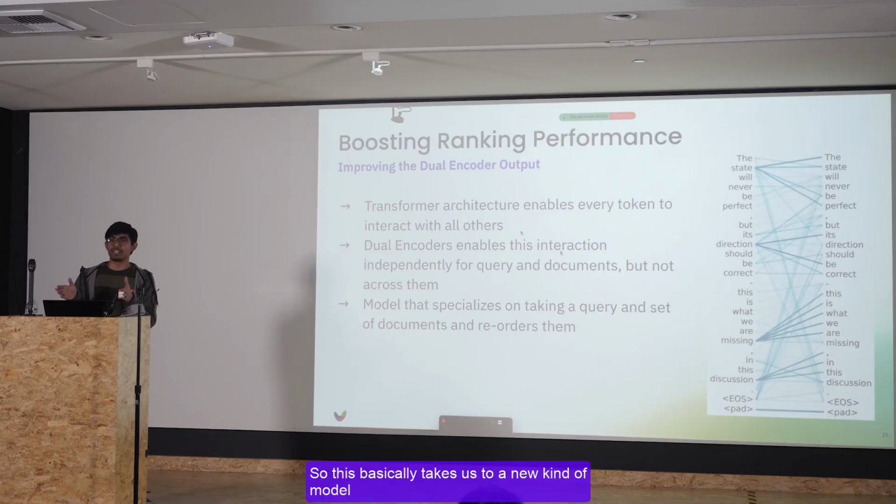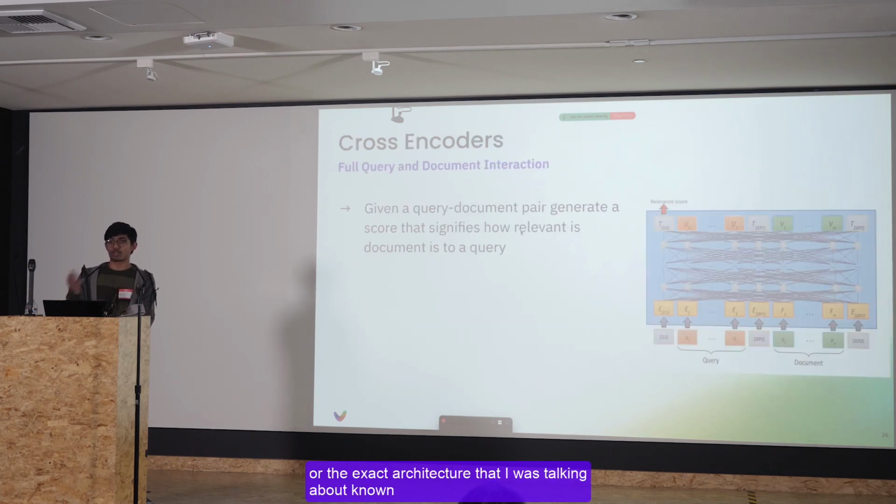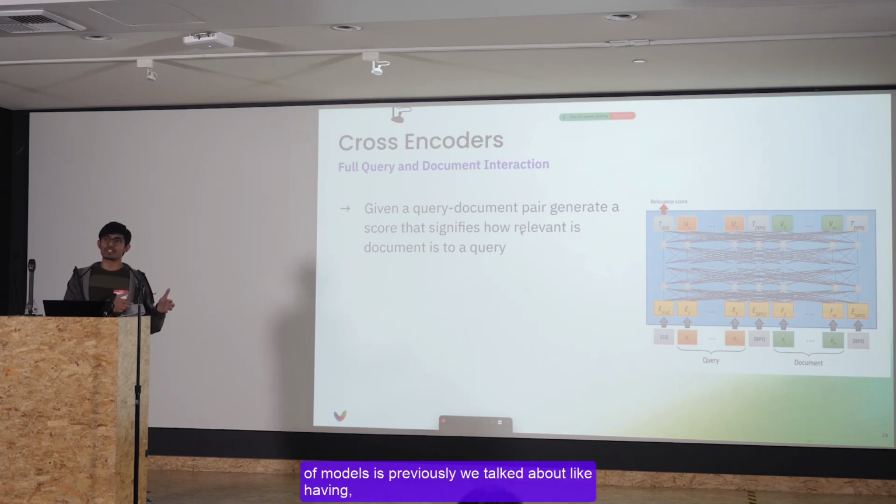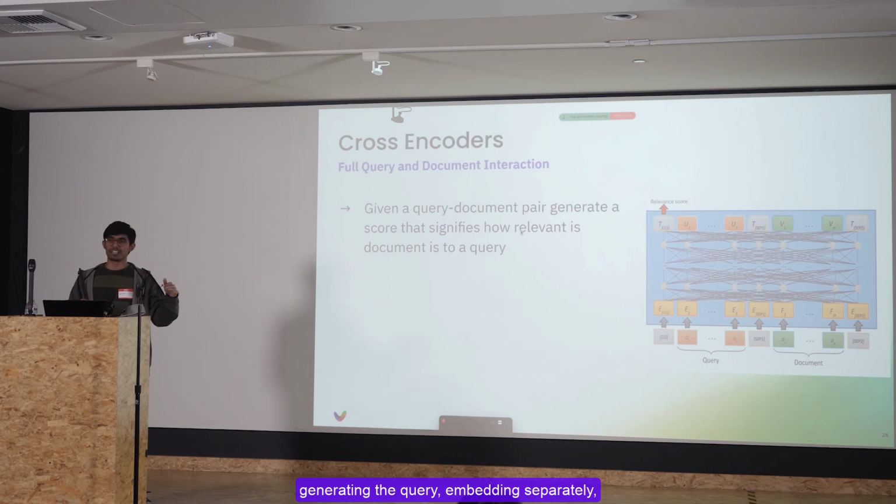This takes us to a new kind of model, the exact architecture that I was talking about, known as cross-encoders. Previously we talked about generating the query embedding separately and the document embedding separately.